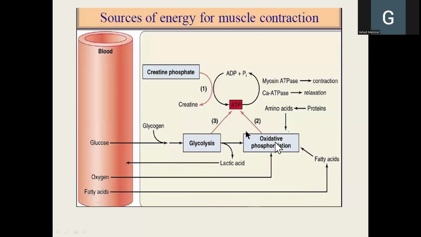These fatty acids will go to the mitochondrion, join aerobic respiration, and produce ATP. But this is the last resort for the cell, because this oxidation of fatty acids can produce harmful byproducts for the cell.